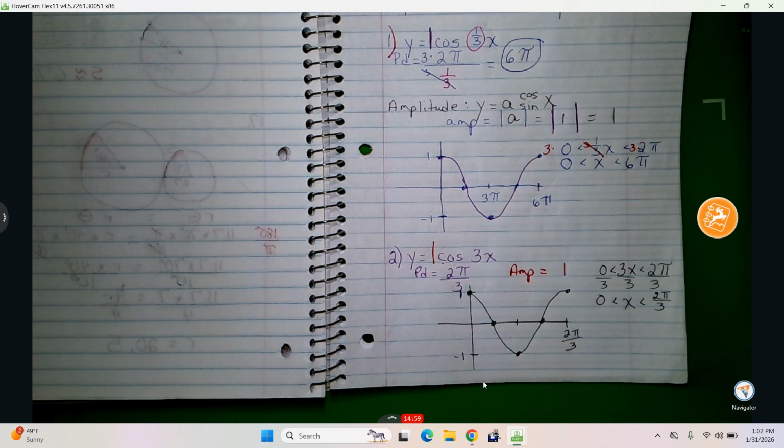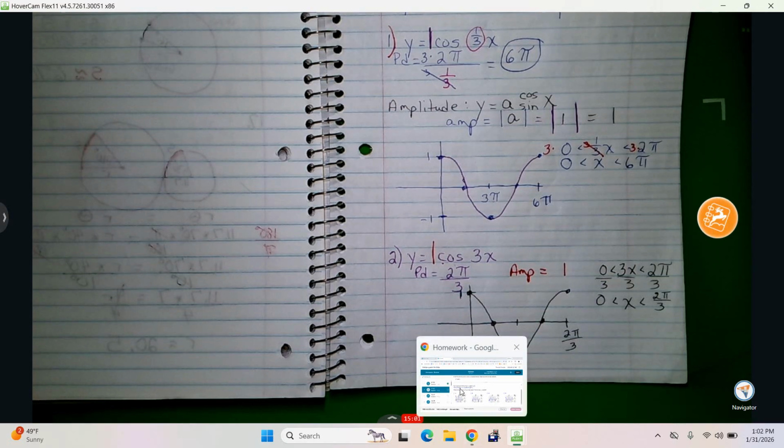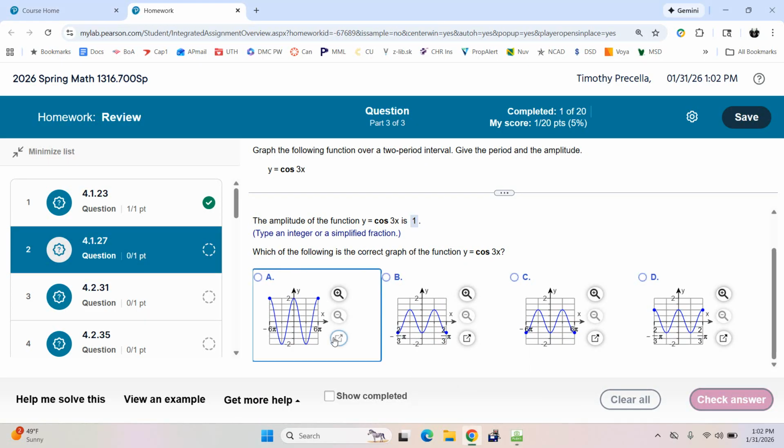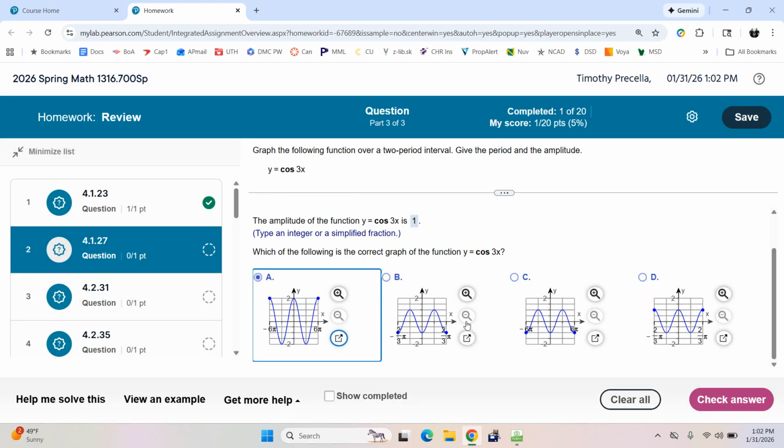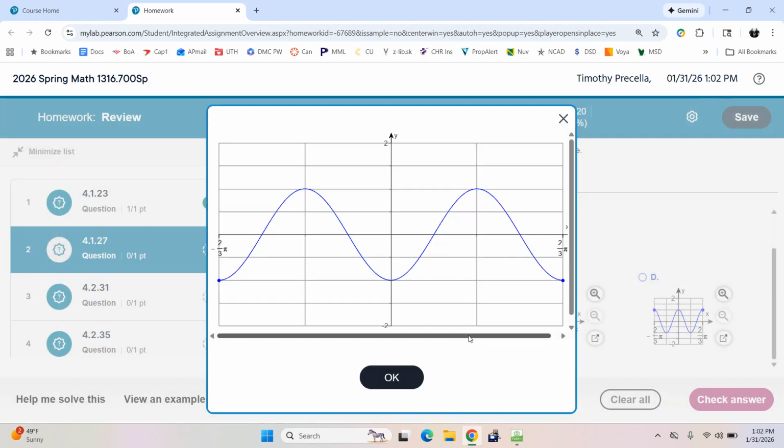So let me see. Which one is it? I'll start blowing up. It's not this one. This is going 0 to 6 pi. This one's going 0 to 2 pi over 3, but it should have started up here, not down here. It looks like on this one it was multiplied by -1, the way it was flipped across the x-axis.